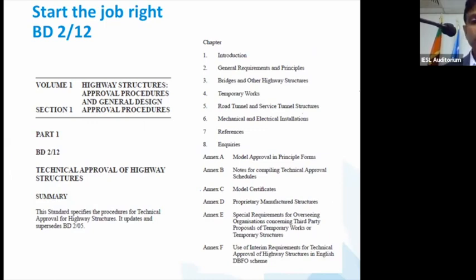It gives the technical approval of highway structures. I really recommend this be referred to in every project because it gives people the opportunity to start the job right.